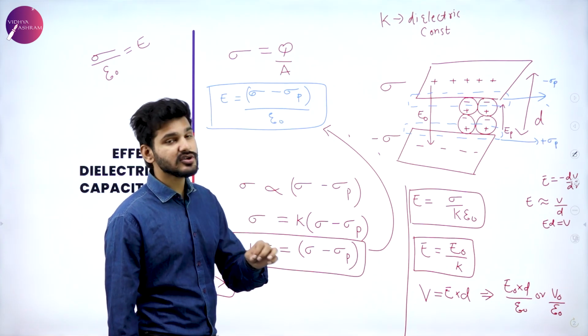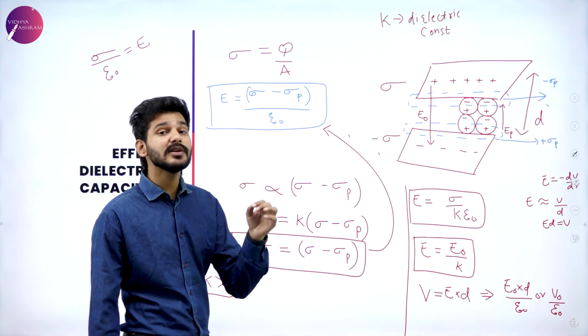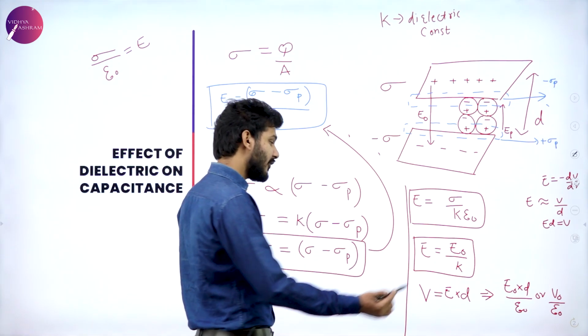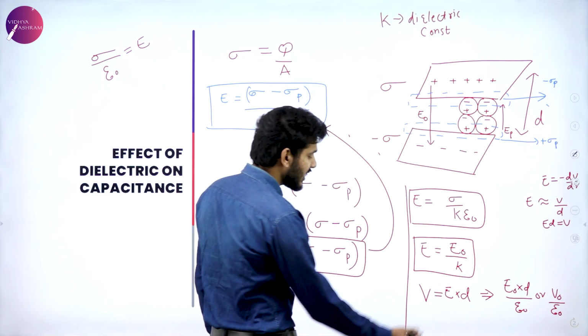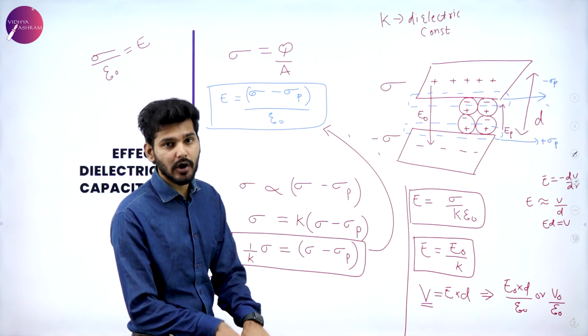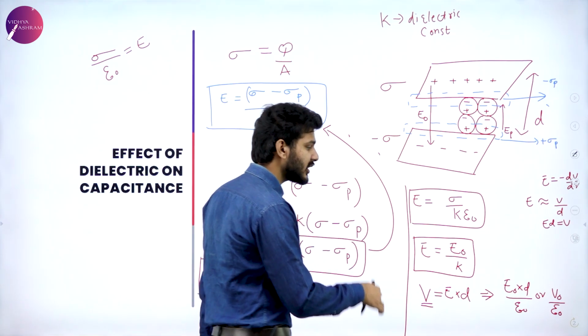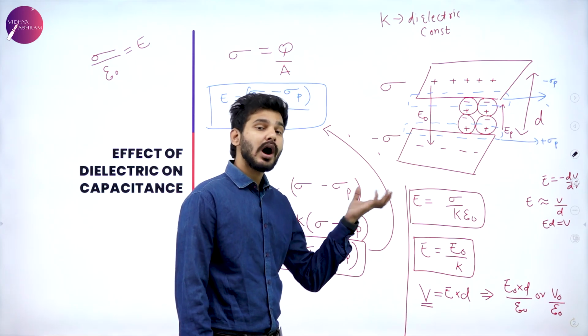So what is the use of keeping a dielectric in between a parallel plate capacitor? The obvious reason is that when the dielectric material was placed in between the parallel plates, the net potential of that system went down. Since the net potential is going down, which means that the total capacitance will go up.